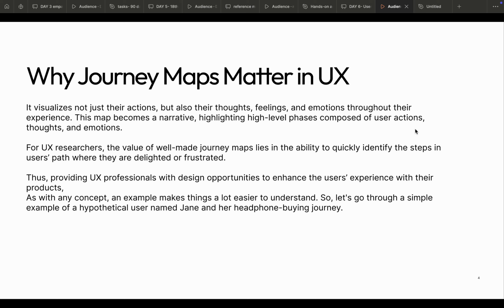They can quickly identify that, thus providing UX professionals with design opportunities to enhance the user's experience with their products. So, as a UX designer, we can also improve the user's experience once we jot down this user journey map.